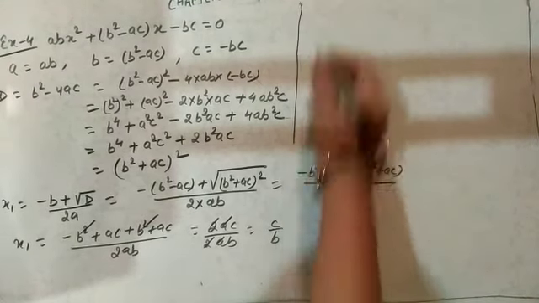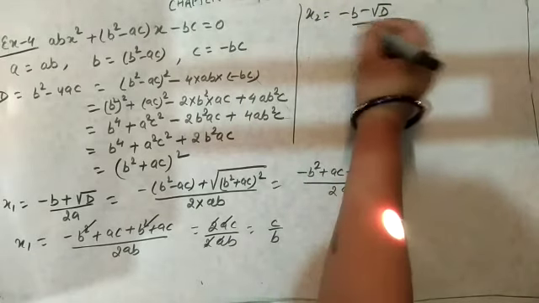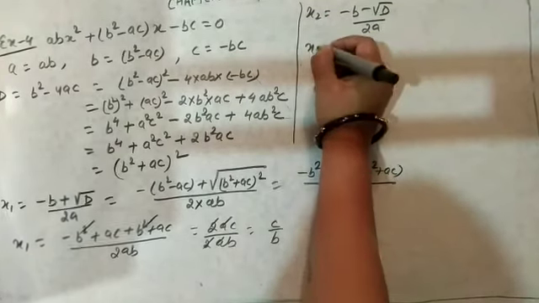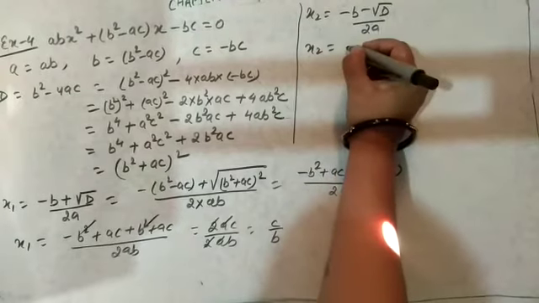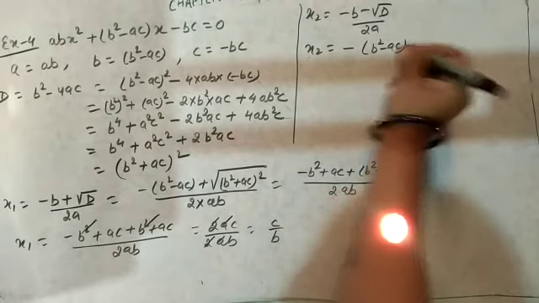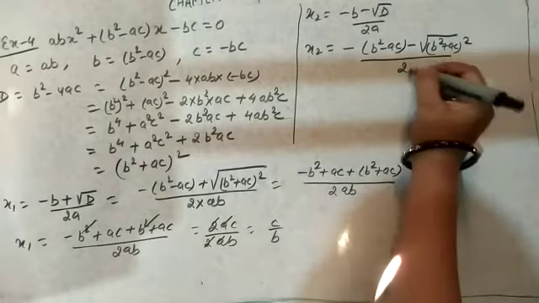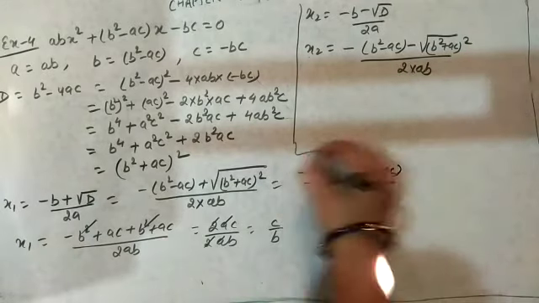Now in the same way x2 = (−b − √D) / 2a. So x2 = −(b² − ac) − √D, that is (b² + ac), divided by 2 × ab.